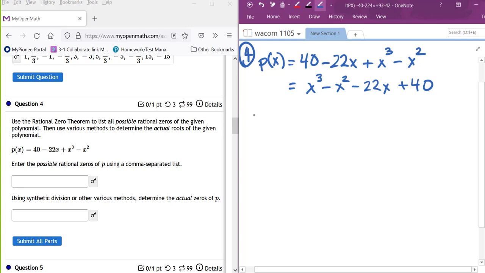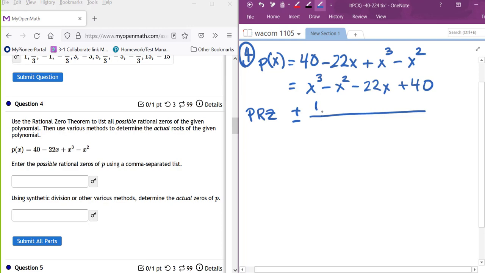So for the 40, our possible rational zeros, which is our first answer, and we actually just did a 40, so it's going to be those same ones. So plus and minus, and our leading coefficient is actually a 1, so we're just going to have the ones on top.